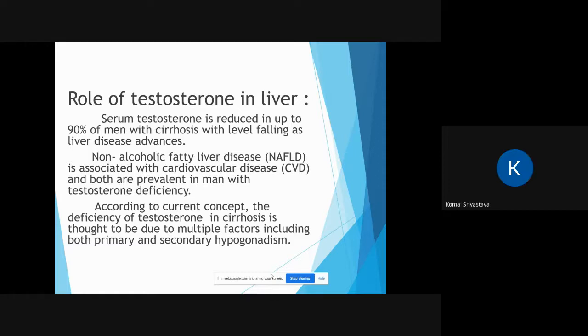I don't know how many of you have heard about oral contraceptive pills. If you Google that, you will find that most OCPs are an estrogen-progesterone combination. When a female takes these estrogen-progesterone pills on a regular basis, after 6 months or every year she should be checked for her LFT.